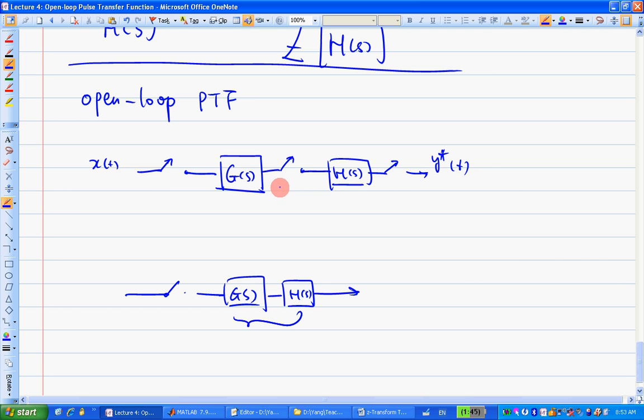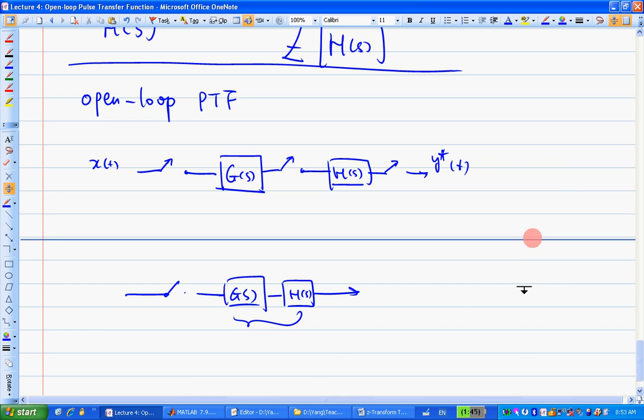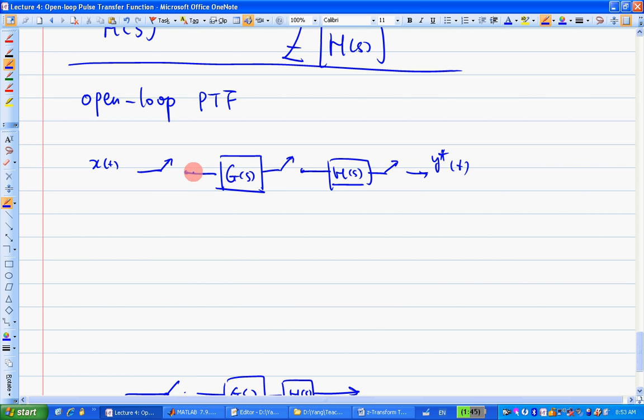And for this particular one, if you want to go over the process, this is what happens here. Anything after the sampler is a starred one. Let's give a few symbols here.